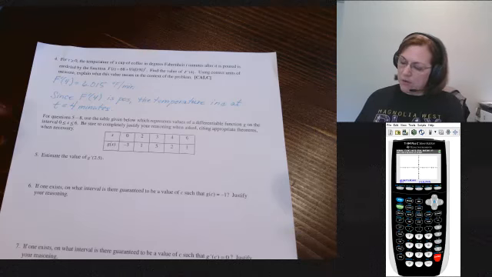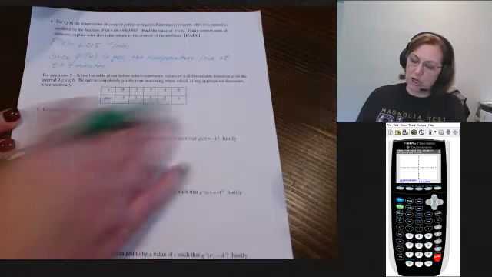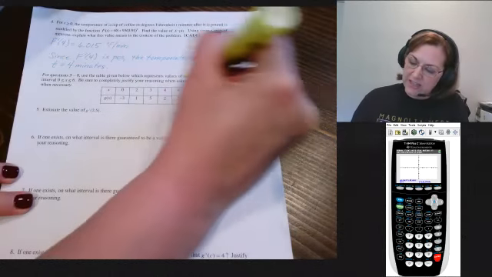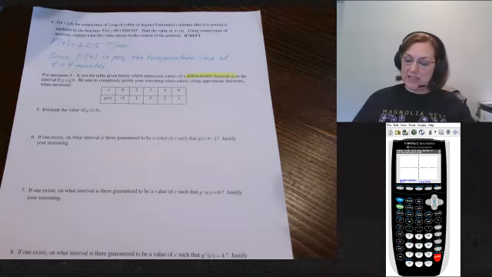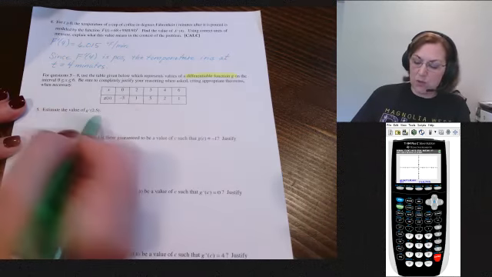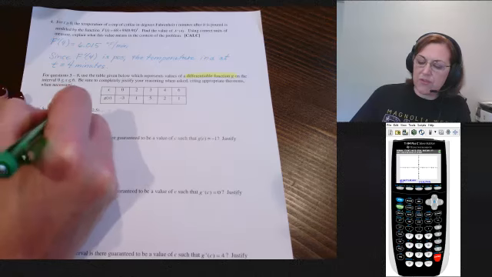All right, one more. Let's take a look at 5 through 8, in which I'm being given a chart. Very important, I'm being told that the function is differentiable, which also implies that it is continuous. So we're trying to estimate the value of the derivative at 2.5. Well, we know the derivative is a slope.